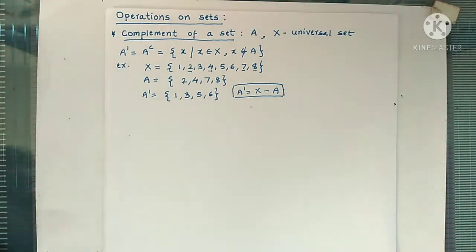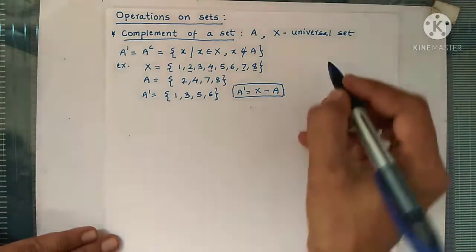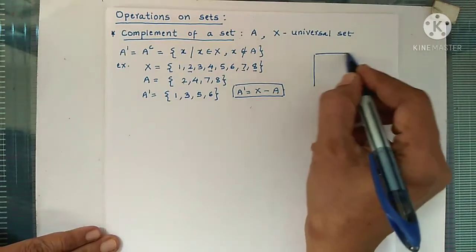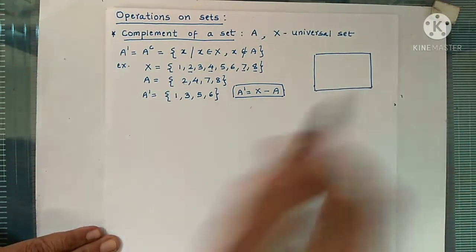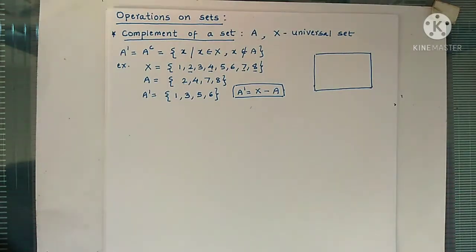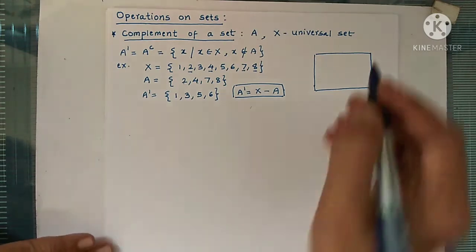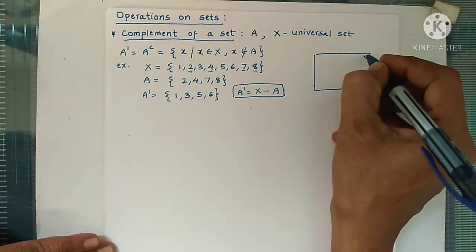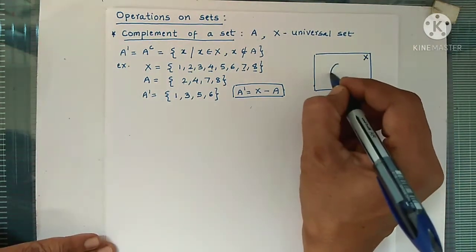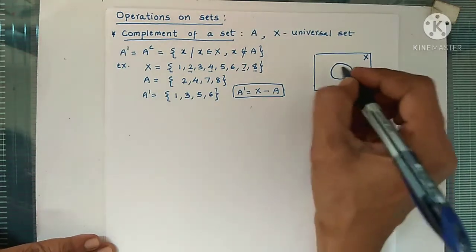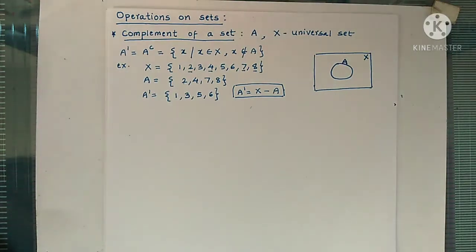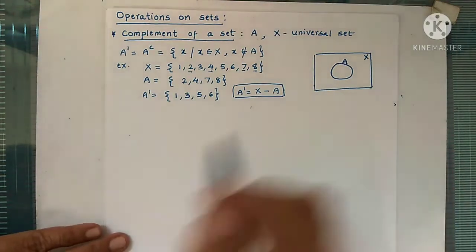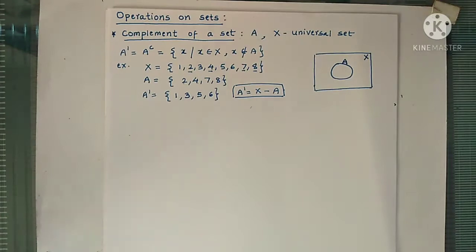Now if we represent A complement by a Venn diagram, see, the universal set is always represented by a rectangle. So this is our universal set. All the sets under consideration are subsets of this universal set X or U. Now if A is a subset of this universal set, this is set A and it is represented by a circle here. Then let's represent A complement.